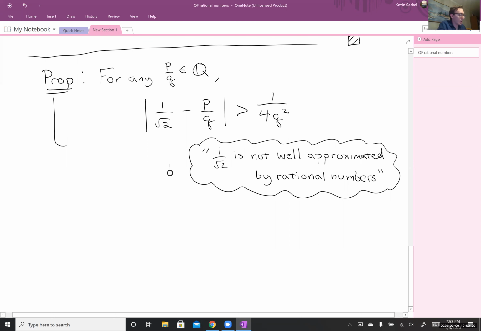And to see this, we can define algebraic numbers as the following.